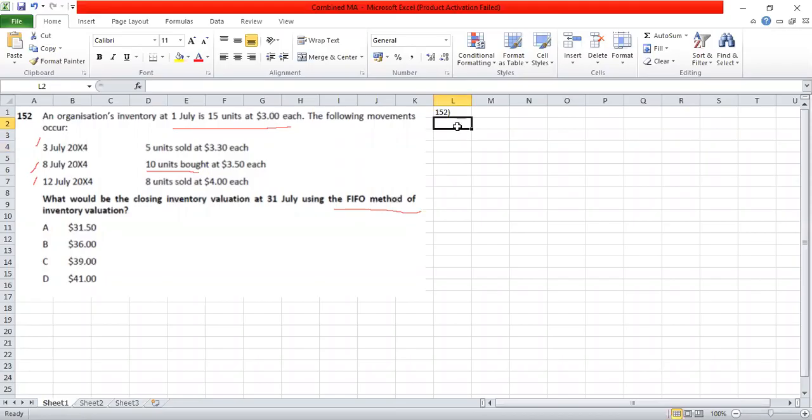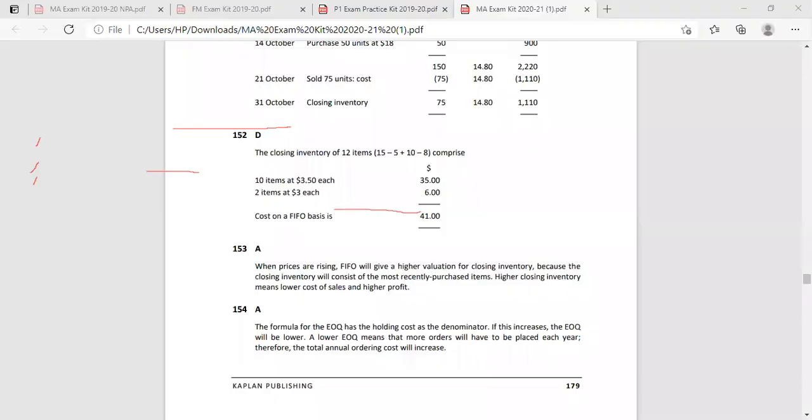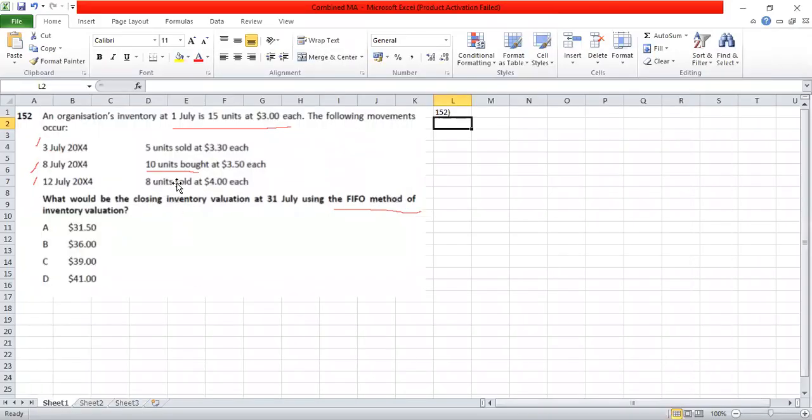So initially they have 15 units at $3 each. Done. After that, they sold 5 units. So from 15, these 5 units would be sold, because there's only one lot of material which is available. From 15, 5 are sold. So how much more would they have? They would have 10.